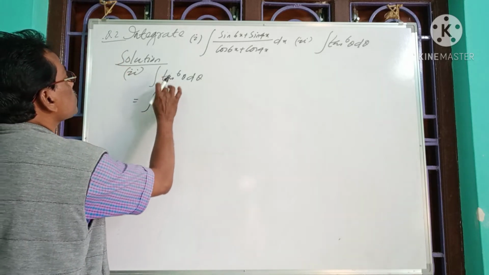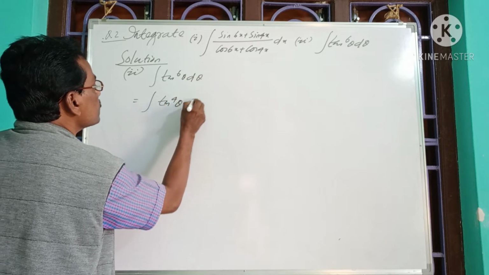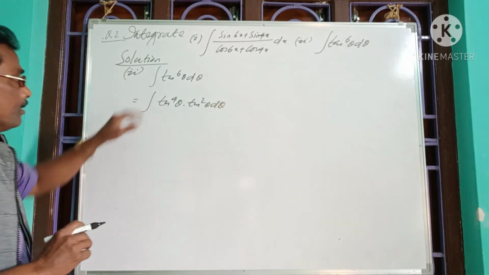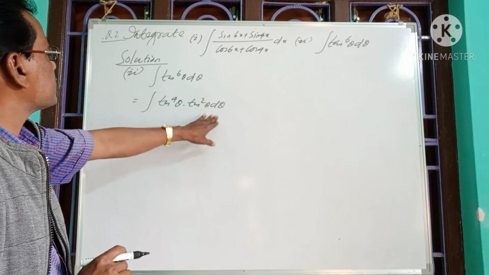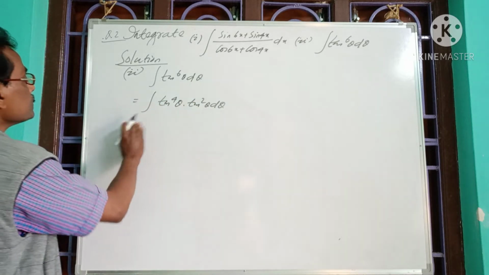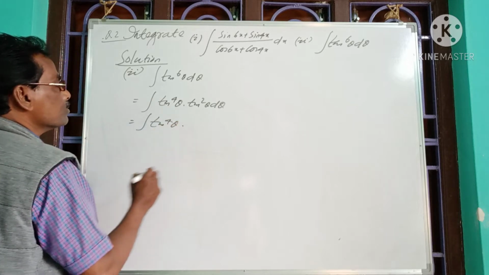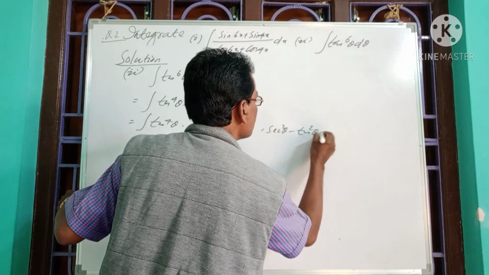We have tan to the power 6 theta, so we break it into tan to the power 4 theta into tan square theta d theta. But we know that sec square theta minus tan square theta equals 1.